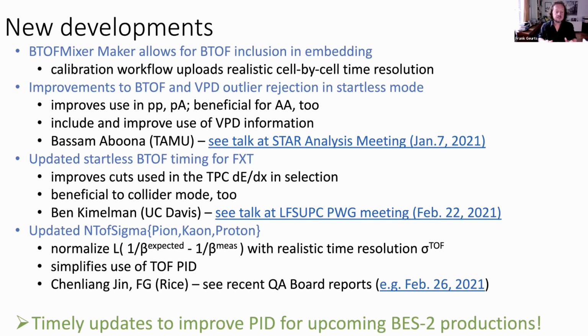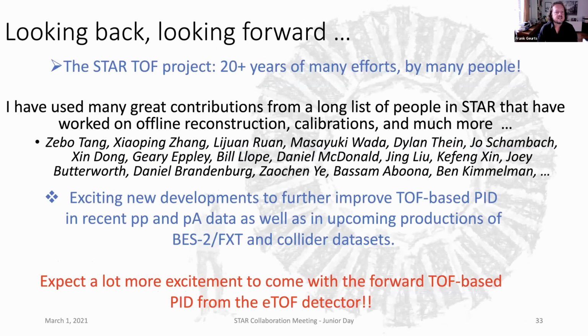So all in all, these are great and timely updates to improve the PID for the upcoming BMScan phase 2 productions, and I'm very interested in seeing those soon in the libraries.